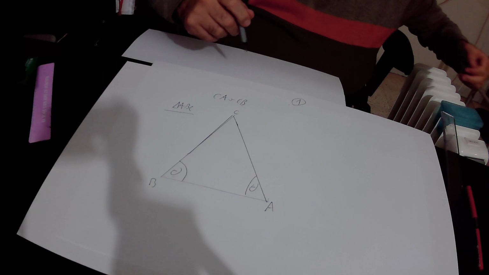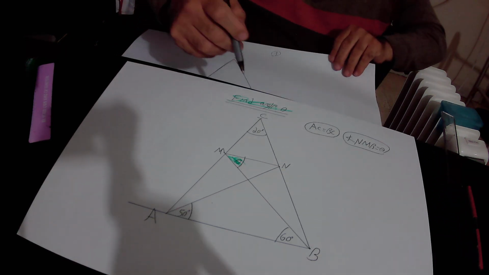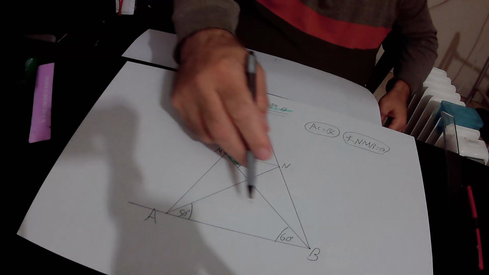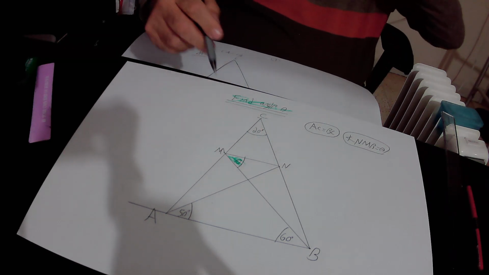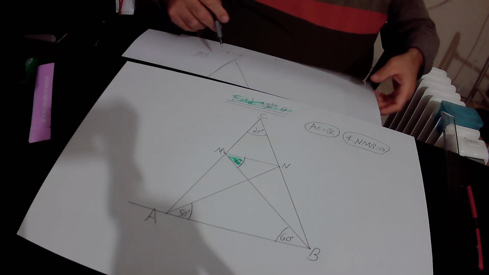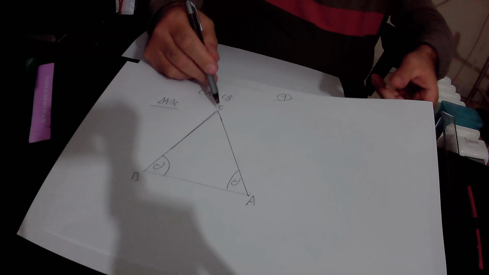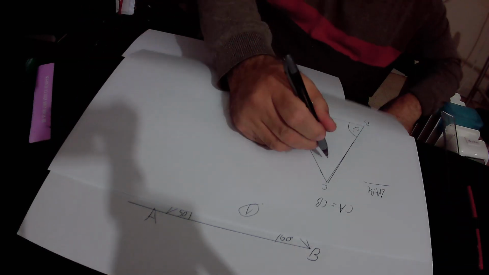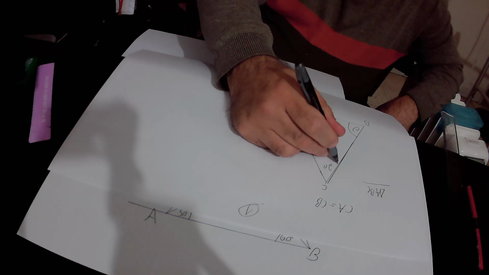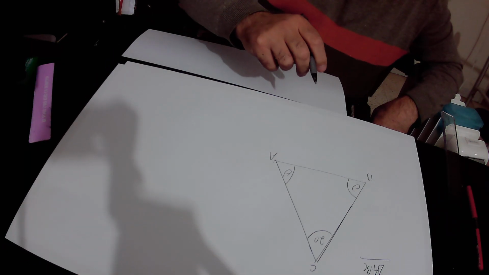So we know that angle CAB equals theta, and angle ACB equals 20 degrees. We know that the sum of the angles in any triangle is equal to 180 degrees.